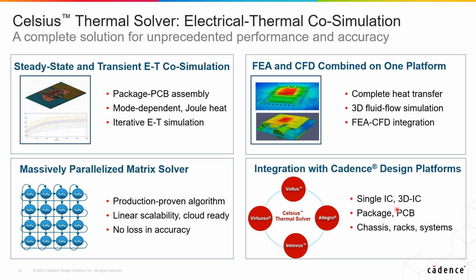Again, we have steady state and transient electrical-thermal co-simulation, including mode-dependent power map, joule heating, including chip package and PCB assembly. We leveraged the massively parallelized matrix solver to produce an almost linear scalability in terms of performance and without losing any accuracy.